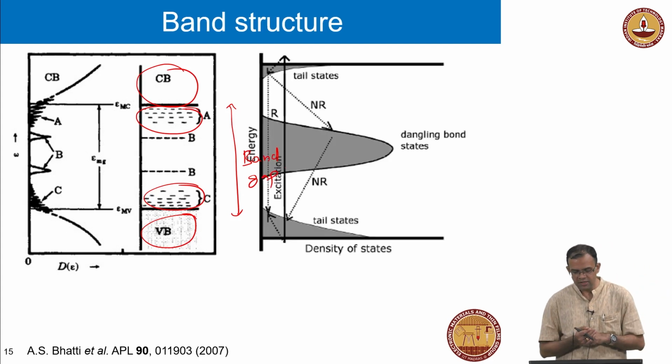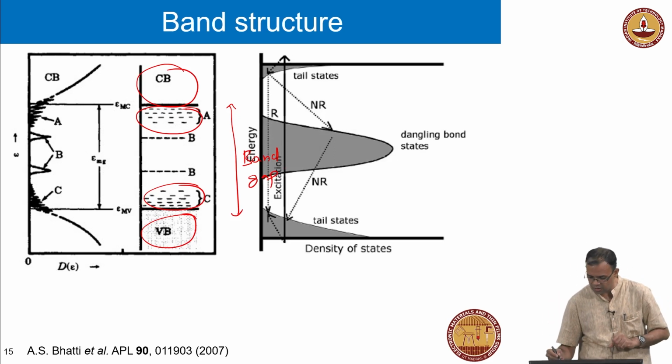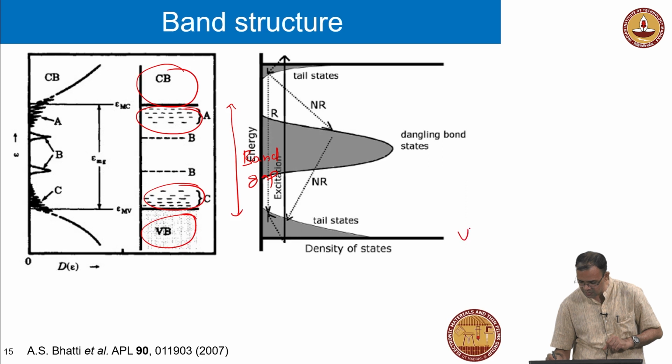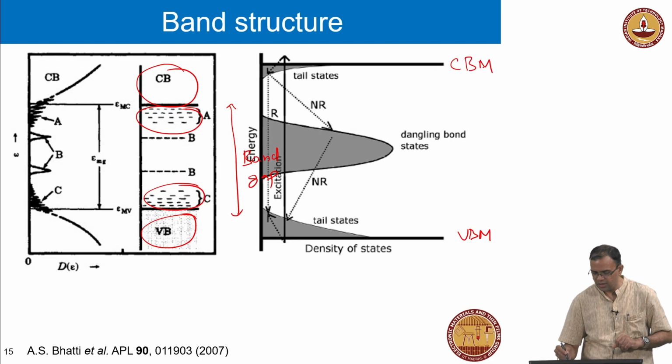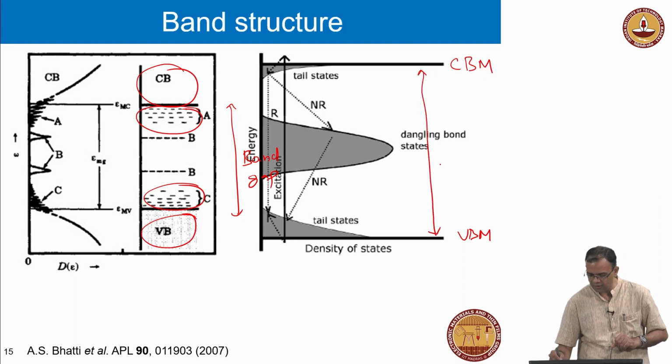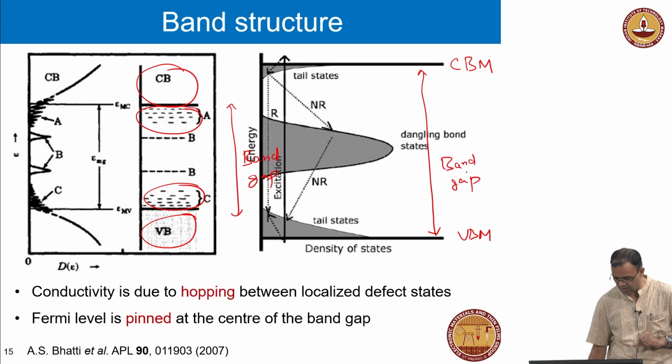So if you look at the distribution of states in these materials, this is the valence band maximum, this is the conduction band minimum. Then this region represents the band gap region, where we have a lot of energy states that are available because of these defects.